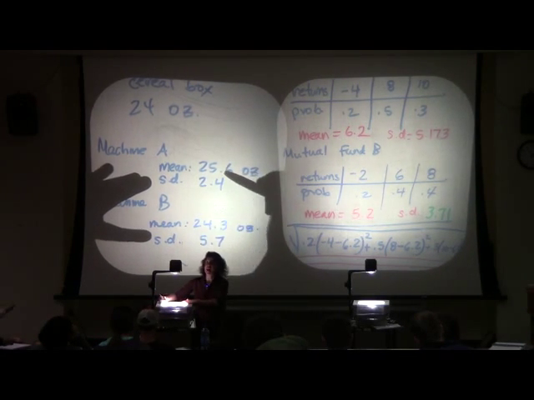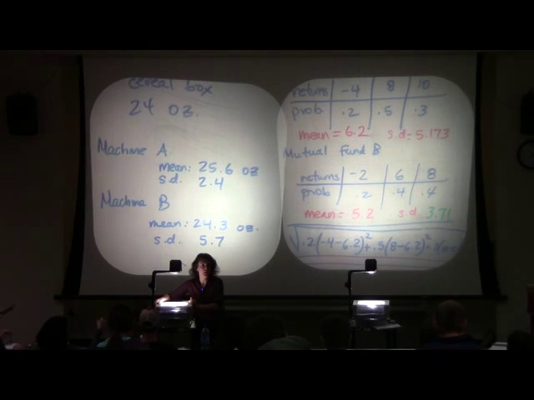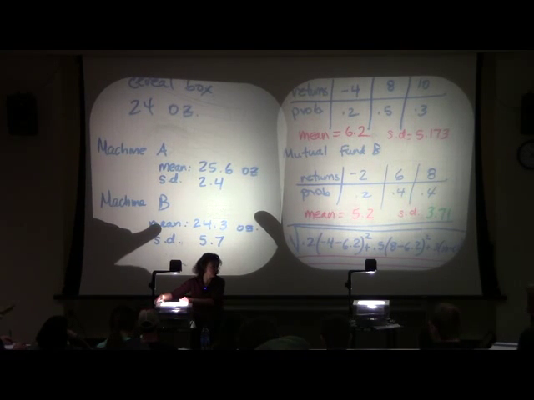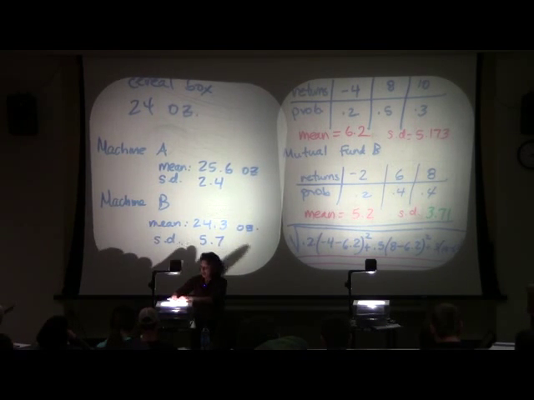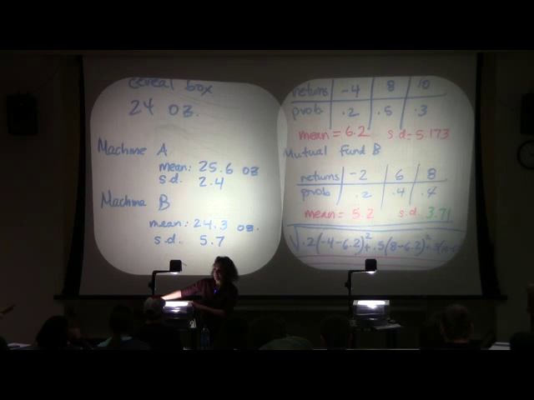Machine A is a lot more consistent, if you will, with the way it fills the cereal boxes than machine B does. Okay? Why? Because the data's more spread out here, and so it's less reliable and less consistent.